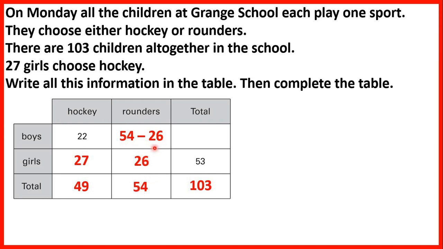So 54 minus 26 is 28. And finally, we can find the total number of boys by working out 22 plus 28. So the number of boys who chose hockey and the number who chose rounders. So that gives us 50 boys altogether.